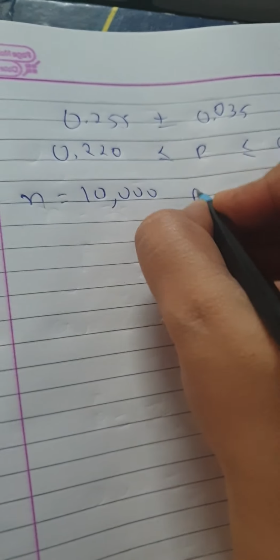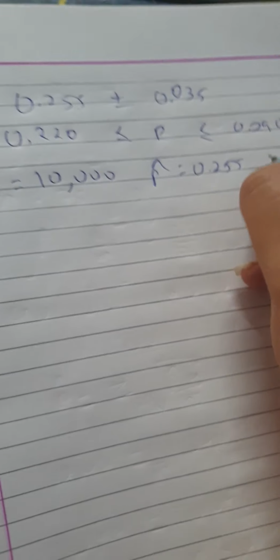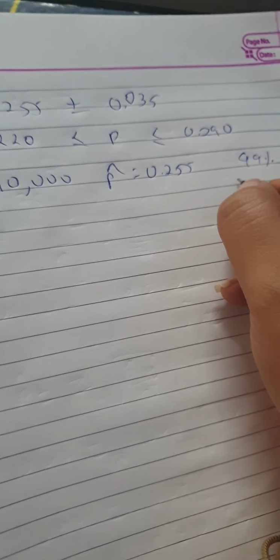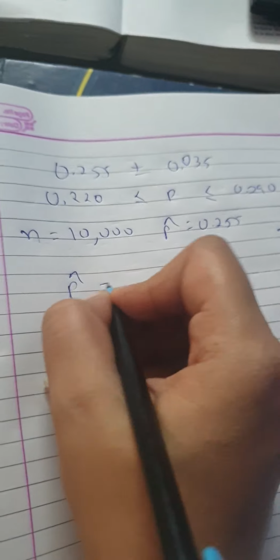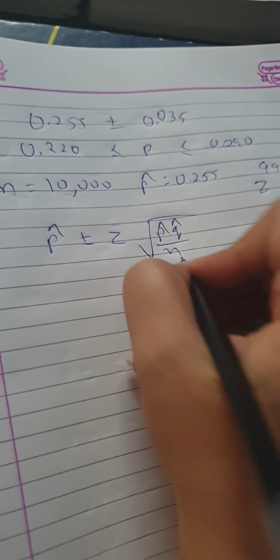0.290. Then in the second case, your n is 10,000, the proportion is still the same, that is 0.255, and the confidence interval is also 99%. So again your z table value will be 2.575, only the change in n is there. So p cap plus or minus z under root p cap q cap upon n.